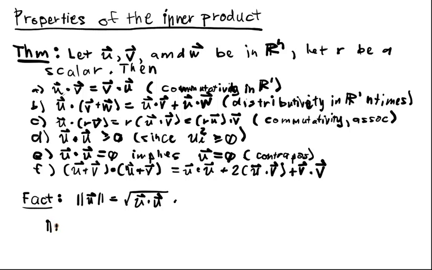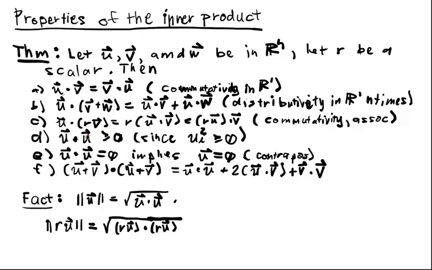So let's take RU and take the length of it. So I multiplied R times U, and I want to look at the length, and I want a simple way to figure out what that is. Well, this is the square root of then RU dotted with RU.